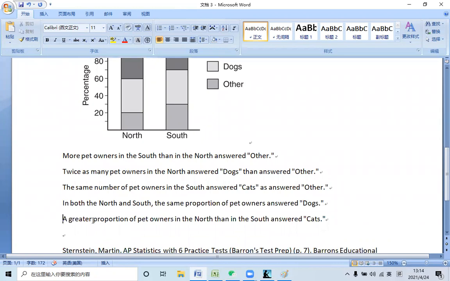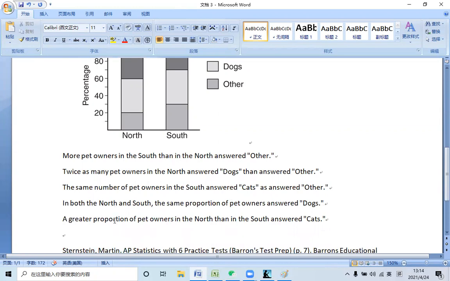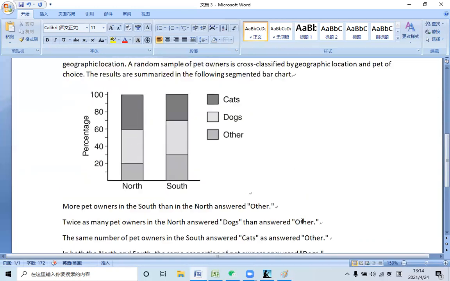Last one: a greater proportion of pet owners in the north than in the south answered cats. Greater proportion of people in the north. Where are cats? Cats are here. The greater proportion of pet owners in the north than in the south answered cats.